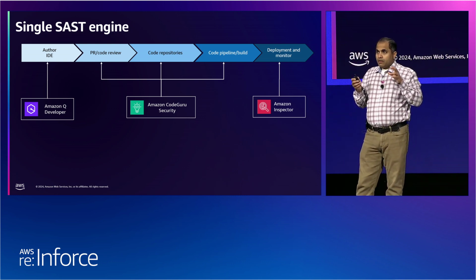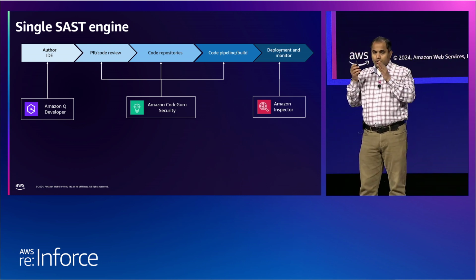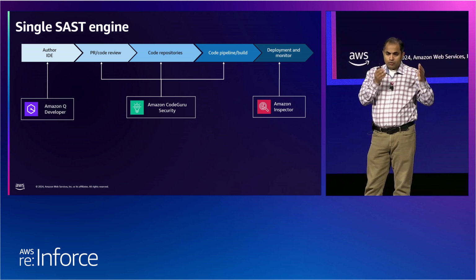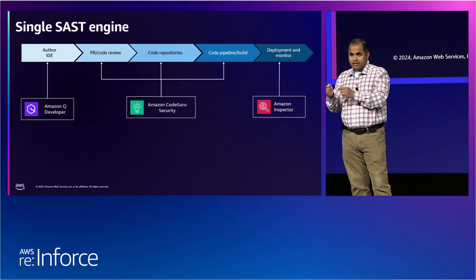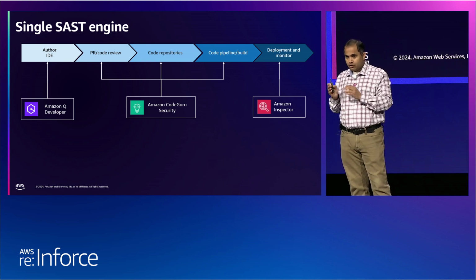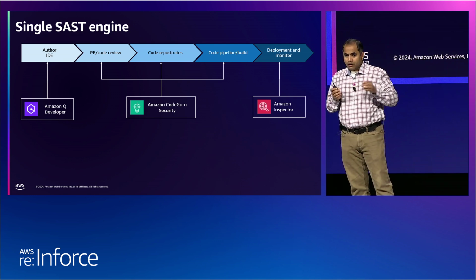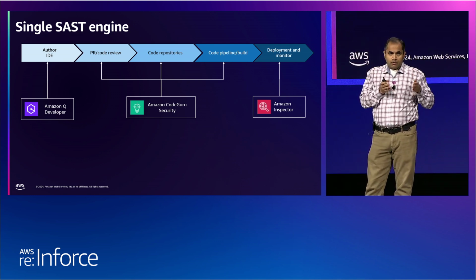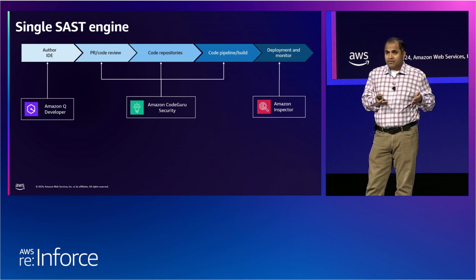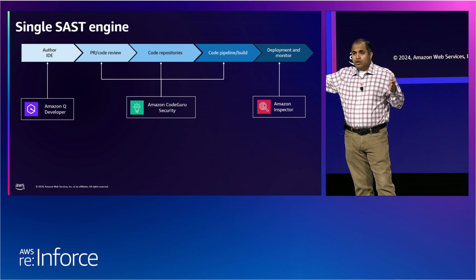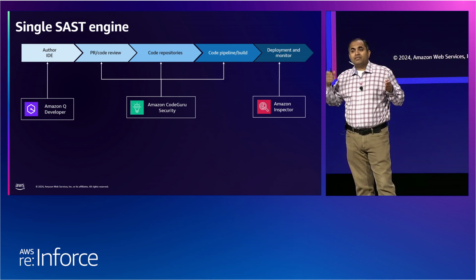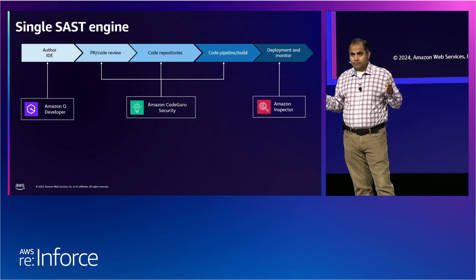Suppose you have a developer who is writing code in the IDE, and you have a CI/CD rule where, if you have a critical vulnerability, your pipeline will get blocked, or you will not be able to merge your code. In the IDE, if you have resolved all the critical and high vulnerabilities, then you want to be sure that your changes will go through and will not get blocked in your pipeline. And that's where consistency becomes important.